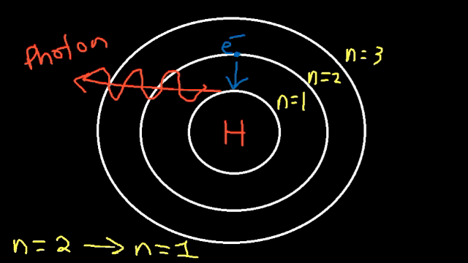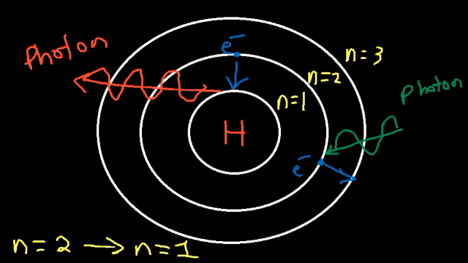Now, let's say an electron jumps from the second energy level to the third energy level. The only way an electron can jump to a higher energy level is if it absorbs a photon. So, anytime the electron absorbs a photon, it gains energy and it's going to jump to a higher energy level.